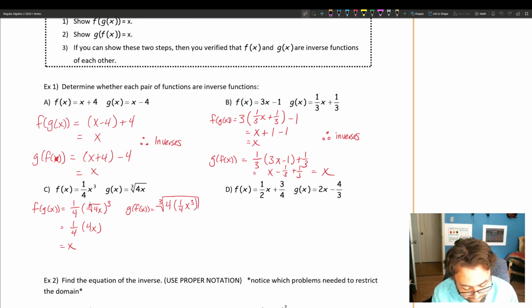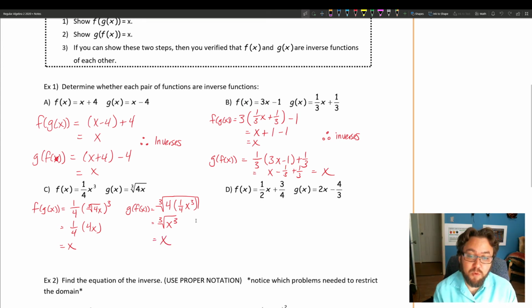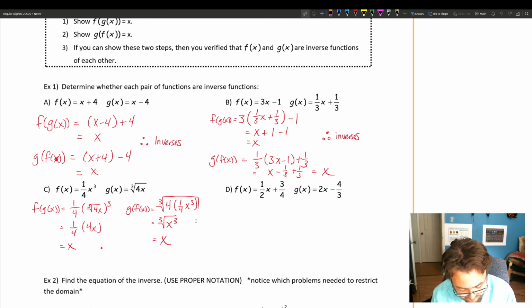Let's check this out. 4 times 1/4 is 1, right? So this ends up just being x cubed. And the third root of x cubed is just x. Worked out beautifully. So g of f of x is x, f of g of x is x. That's a lot of x's in one sentence. Therefore, they're inverses.